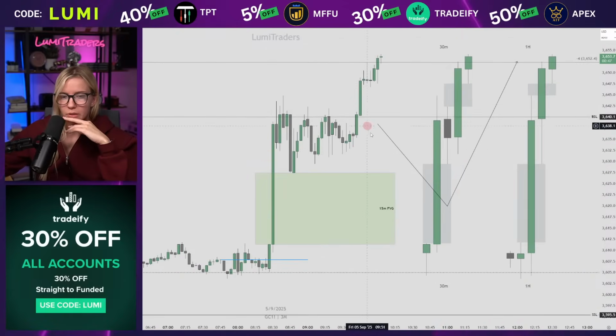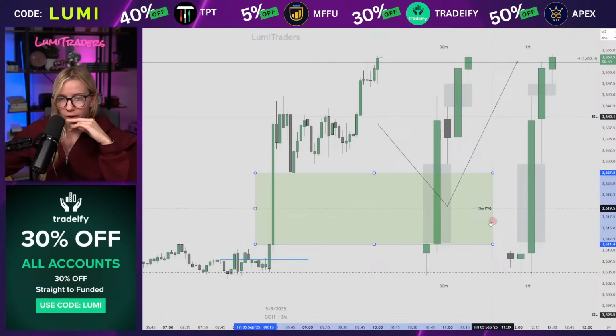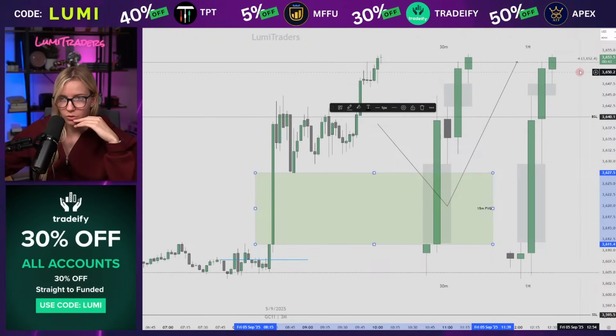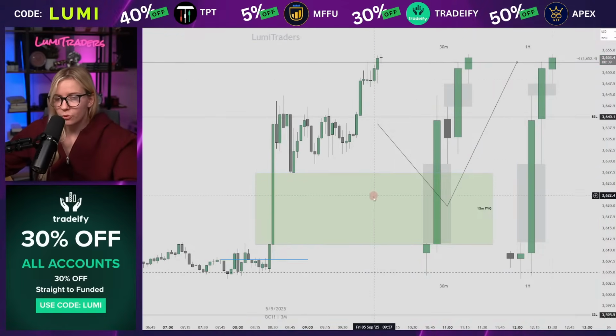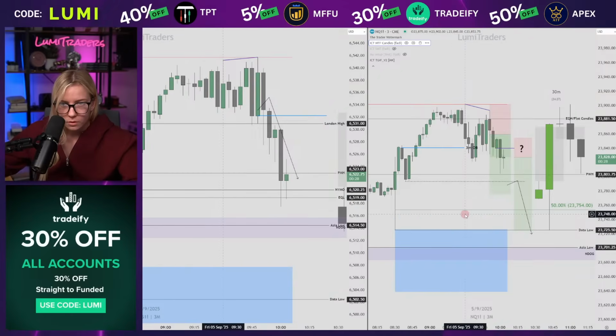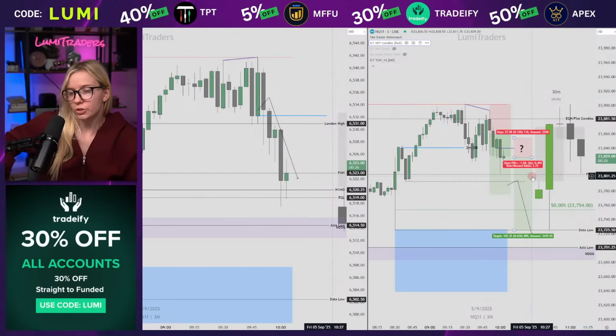Gold unfortunately went without us. We were looking for a retracement down to the 15-minute fair value gap, and I wanted to long from this level to 36.52. It already went there, so probably I'm not going to check this anymore. So probably no trades on gold. I'm thinking right now for continuation lower.